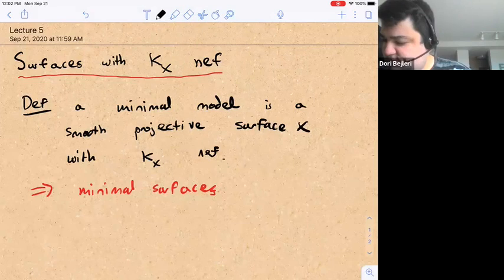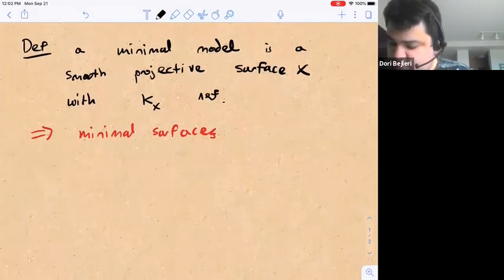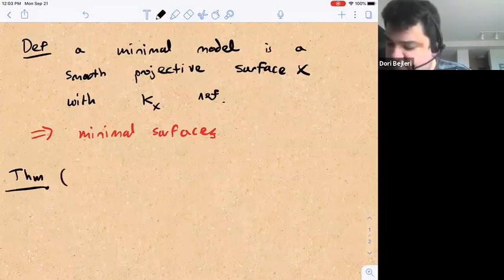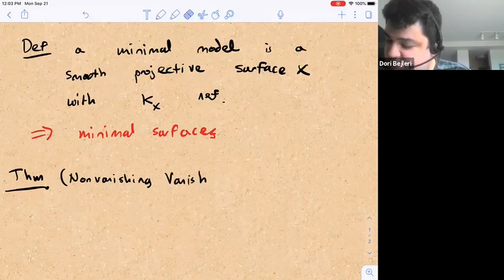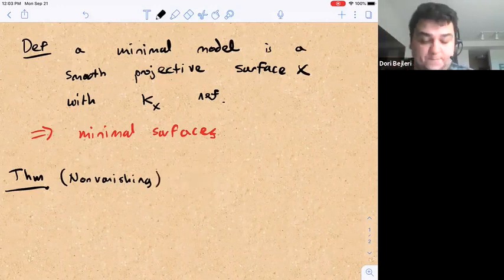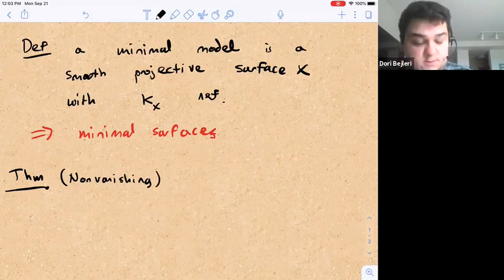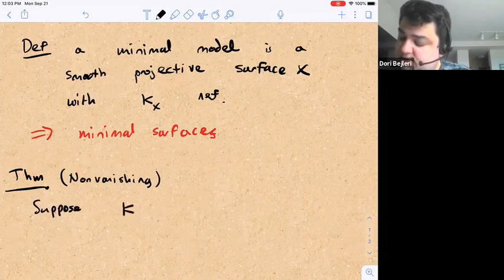Okay, so the first important theorem, I'll call it the non-vanishing theorem, though this isn't really, I'll call it this by analogy with the theorem that we'll prove in higher dimensions later. So suppose K_X is nef.